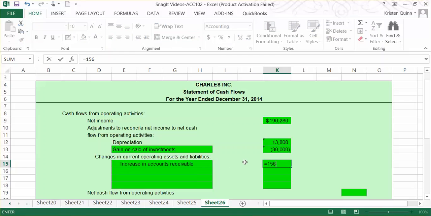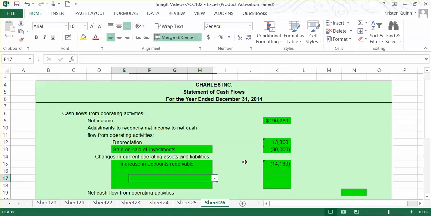The next one is our inventory. Last year, it was $462,840. This year is $481,320. So we also have an increase in inventories. Again, an increase in inventory has a decrease effect on our cash flow.